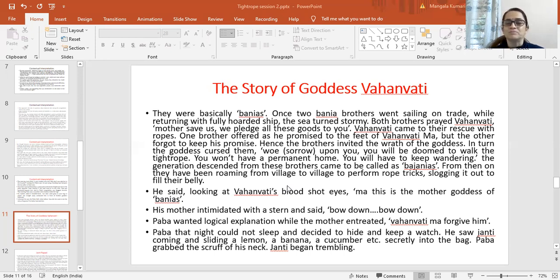Okay, so he secretly hid next day in the classroom, and he observed who slid the banana, cucumber, other things into his bag. So who was that? Of course, Jatinda. Jatinda came secretively while Paba was hiding behind.